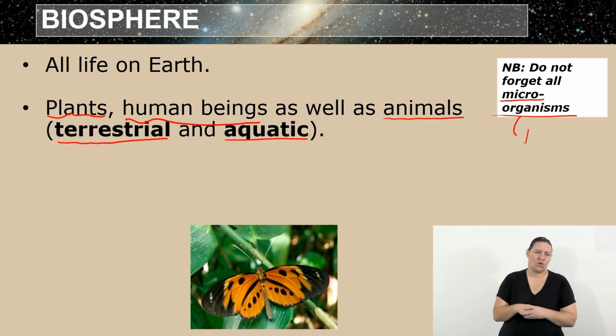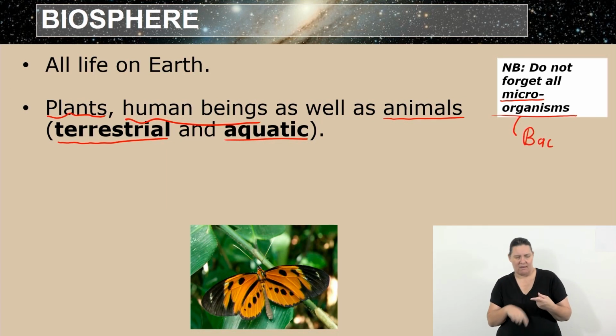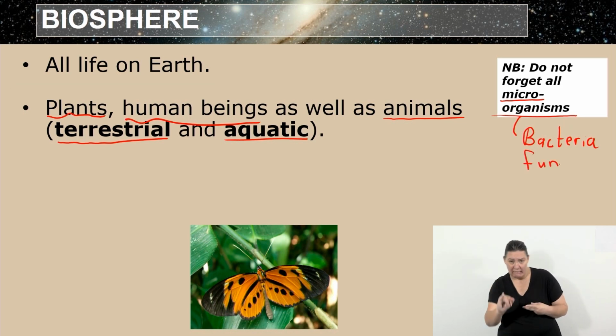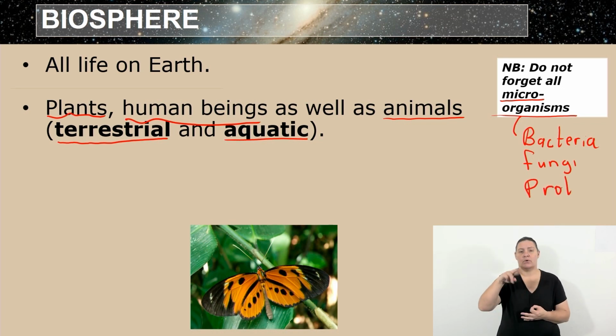These include bacteria, which is an example of a microorganism. These also include fungi, as well as protista. All these are examples of microorganisms. Remember, microorganisms are those organisms that you cannot see with your naked eyes. You will need a microscope in order to see them.